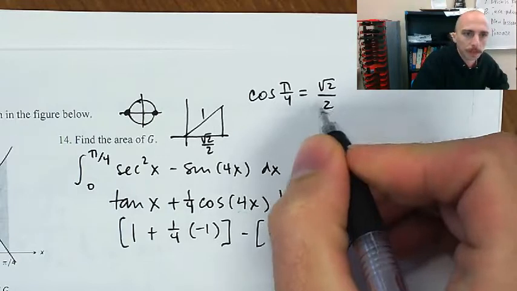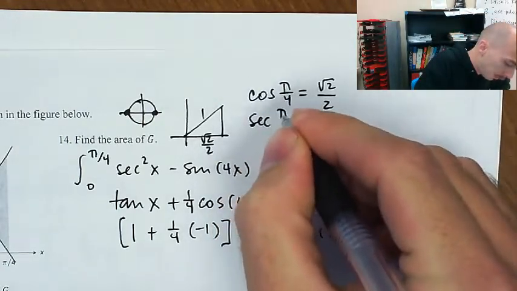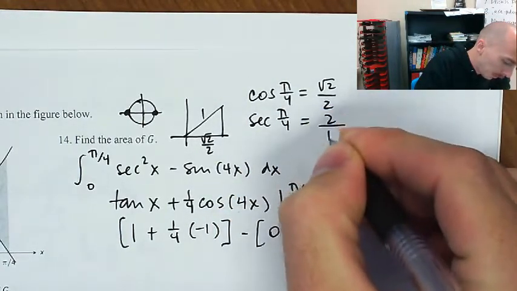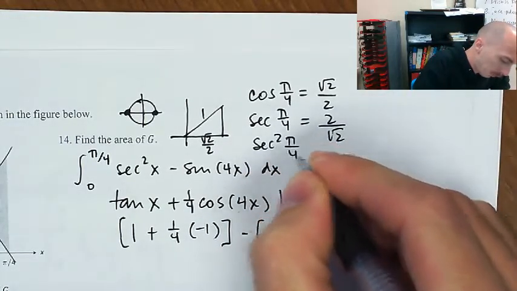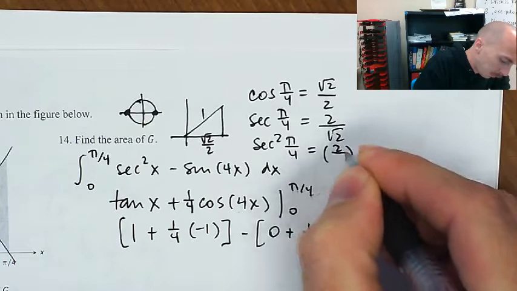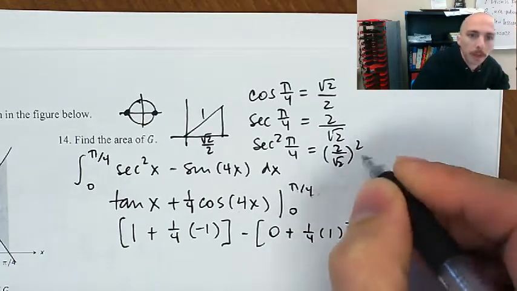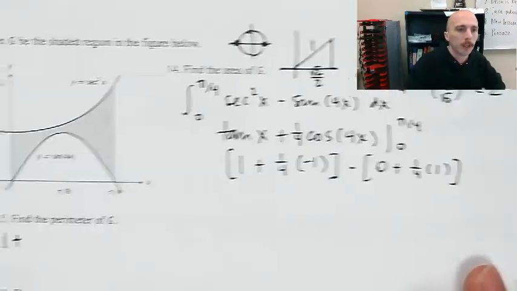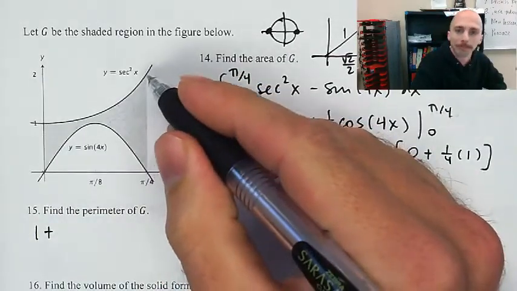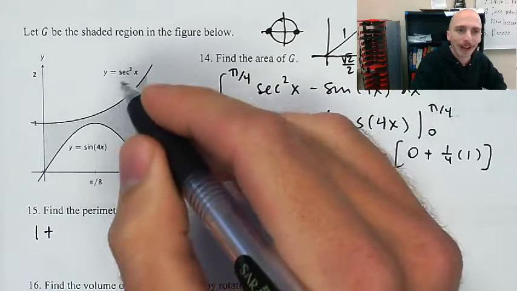Okay, that means that secant of pi over 4 is equal to 2 divided by the square root of 2. And secant squared of pi over 4 is going to be 2 over root 2 squared, so that would be 4 divided by 2, which is going to be 2. And so now I see that it's got a height of 2.